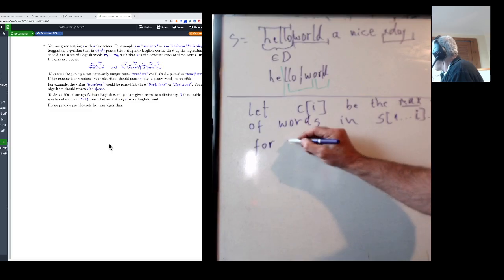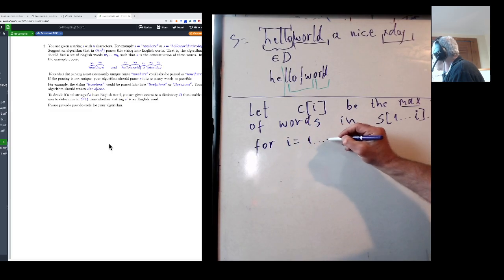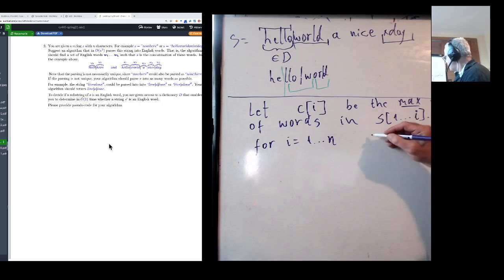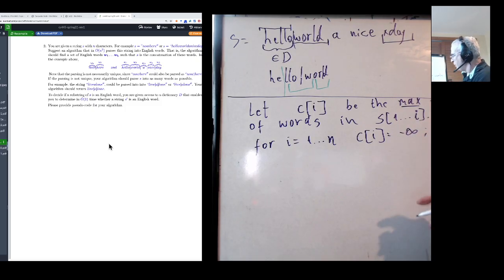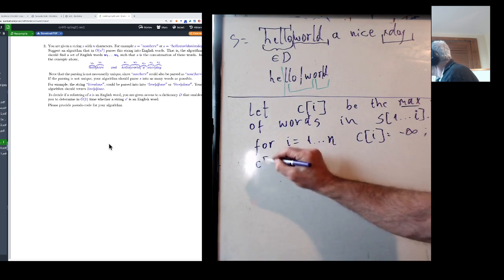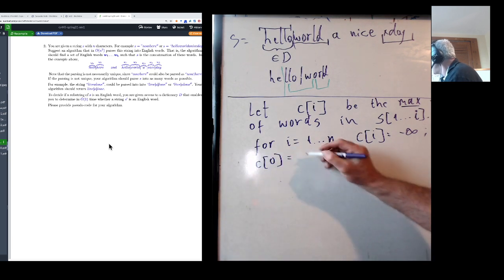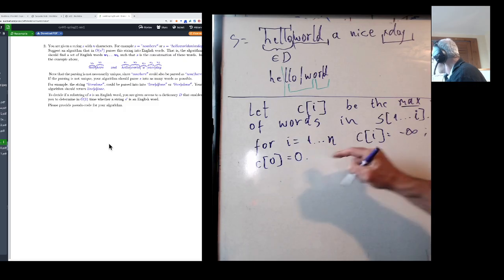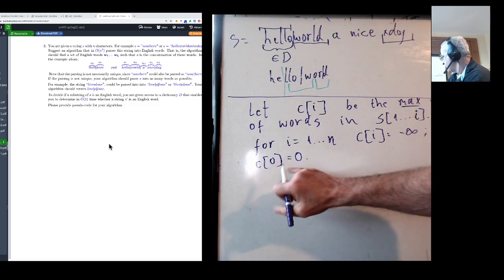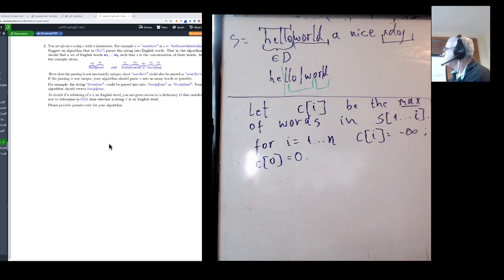For I goes from 1 dot dot dot to n, and I'll of course initialize Ci to be, say, minus infinity because I didn't find any words in it, and C0, strings of length 0, will have 0 words in it, so that's the only index that is different. I'm doing the C0 just because I'll need it in the next loop.